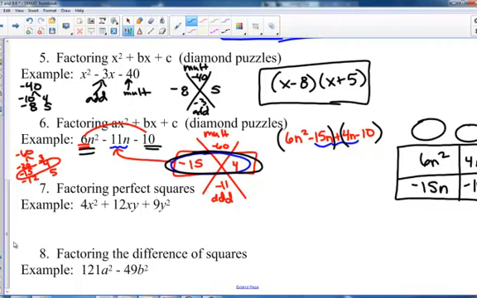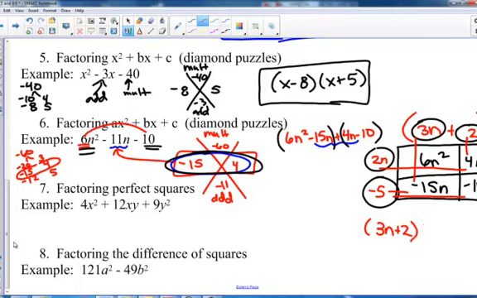And we're going to fill in the exteriors. So if this is 6, I would need a 2n here and a 3n here. I know I need a 2n because I have to get a 4. And 2 times 2 is 4. So now I have my 3n going to my negative 15. So this would have to be a negative 5. And then does negative 5 times 2 give me negative 10? Yes.